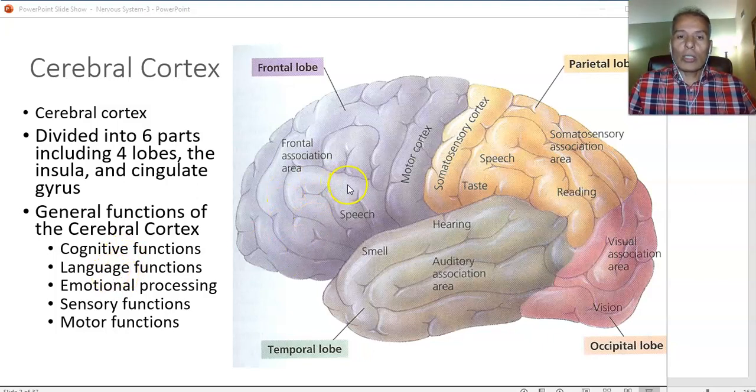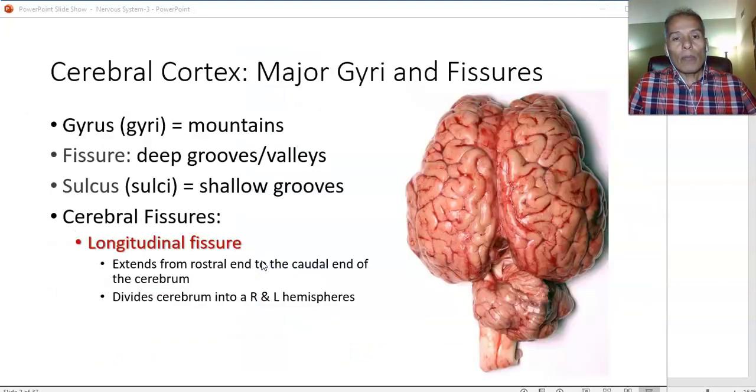Language functions, to comprehend, speak, and write. Emotional processing, controlling and feeling our emotions. Sensory functions, like sensation from all different parts of the body inside and out. And motor planning and motor functions. These are the general functions, but we will go to every part and learn the specific functions it is specialized in.